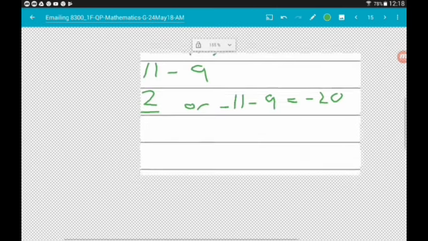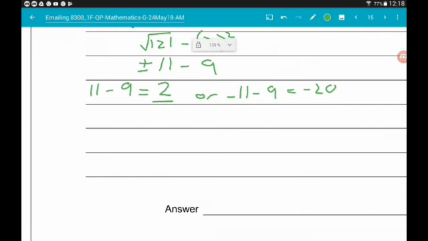So we got two answers, 2 or minus 20. So that's one to look out for. When you square root a number, you do get two answers, positive and negative.